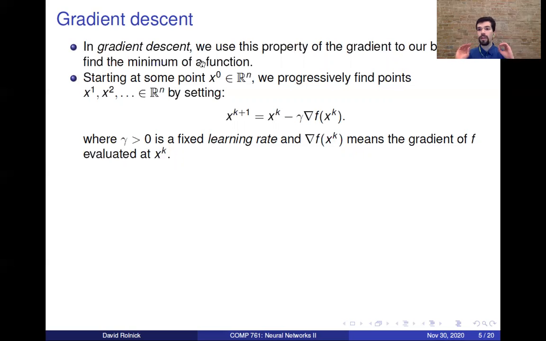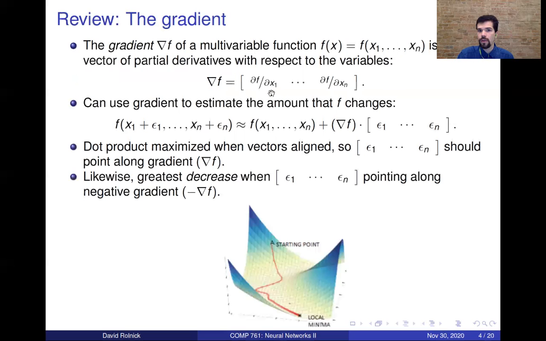So starting at some point x0 in R^n, a vector, we progressively will find points by updating the point that we're at. We will take the point that we were at, compute the gradient at that point. So remember, the gradient is a function. Going back here, the gradient is the derivatives of the function with respect to the individual variables.